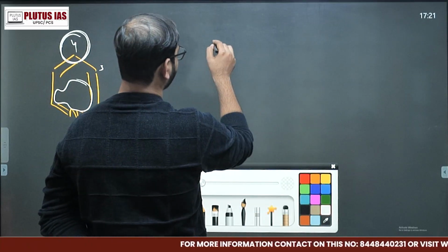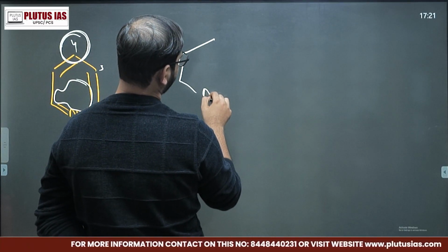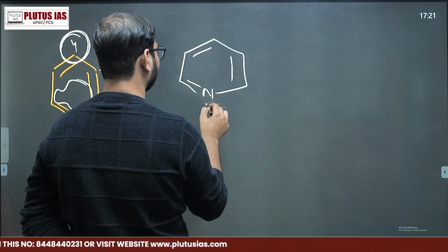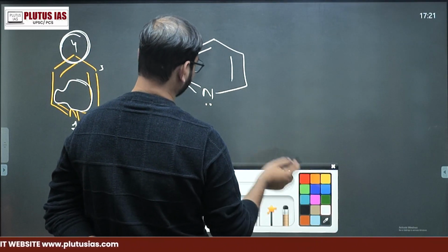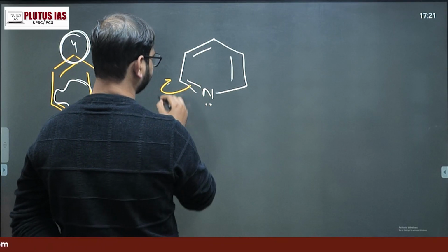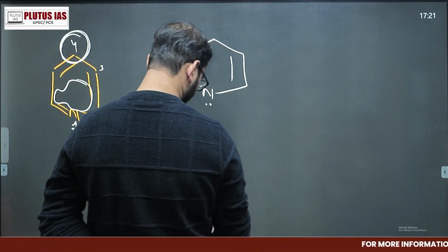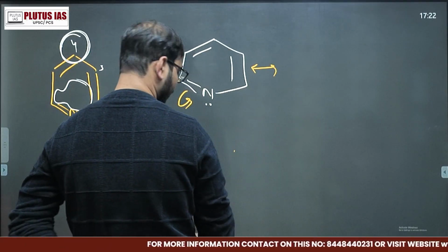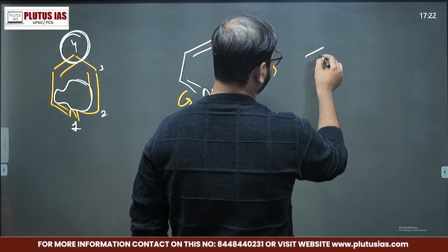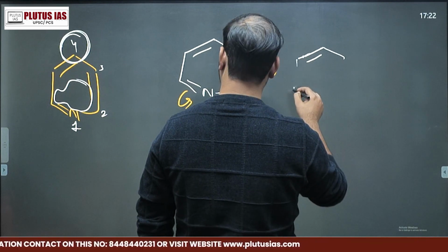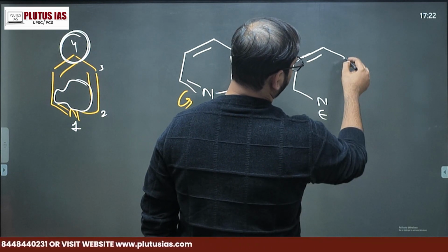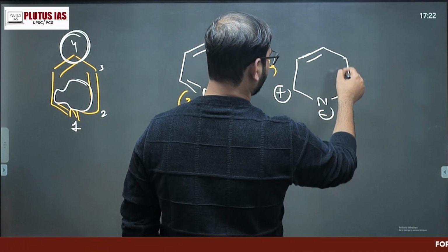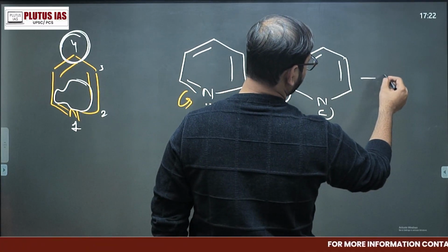But in reality, if I look at pyridine like this and try to make a resonating structure for it, the nitrogen will need to pull the electron density from the ring, making itself negatively charged and creating a positive vacant site for a nucleophile to approach.